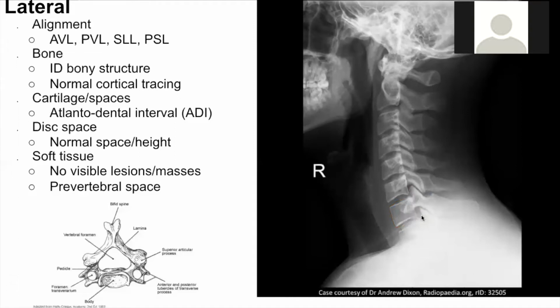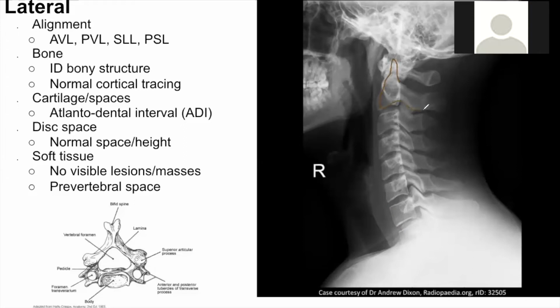I also want to point out that to determine if this is a good X-ray, you need to be able to see C7 and T1. So how do I know what's what here? All right, so this here is the dens.